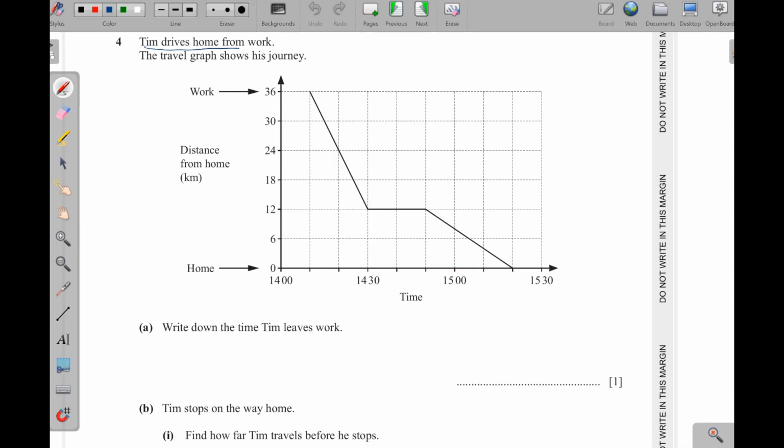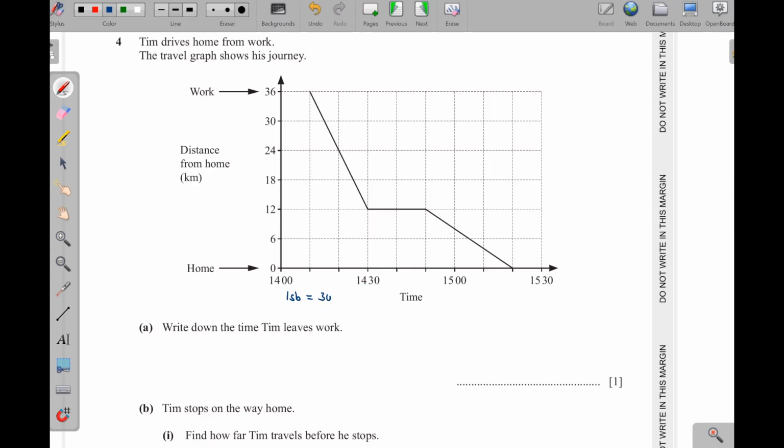Question 4. Tim drives home from work. The travel graph shows his journey. Write down the time Tim leaves work. So work is here. The time is here. So we need to know the equivalence of a small box. So one small box here on the vertical axis, these are 30 minutes, not so?